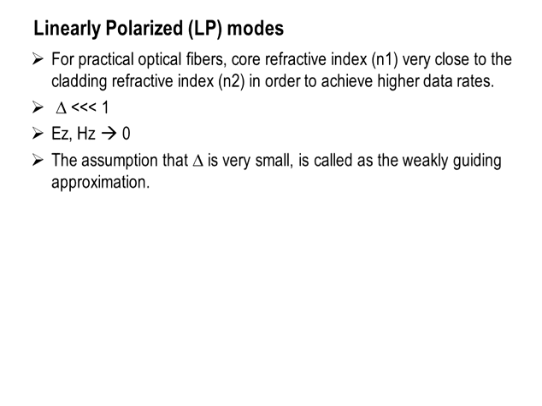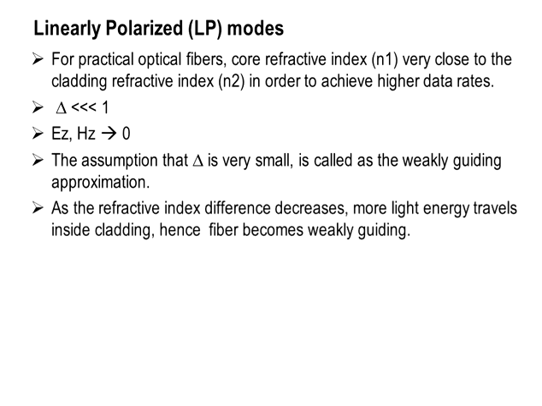Now, if we assume the delta is very small, it is called the weakly guiding approximation. When this delta is made very small, more energy will travel through the fiber cladding, and because of that, the guiding capacity of the fiber core will be very small.